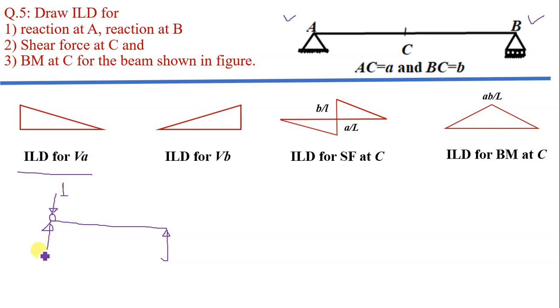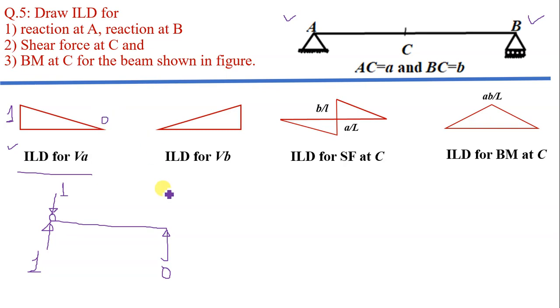When the load is at A, the entire load will be taken by this support. So reaction at A will be equal to 1 and reaction at B will be equal to 0. And hence this is the ILD for VA. This ordinate is equal to 1 and at B the ordinate is equal to 0.